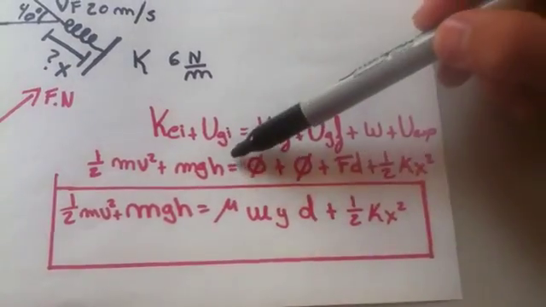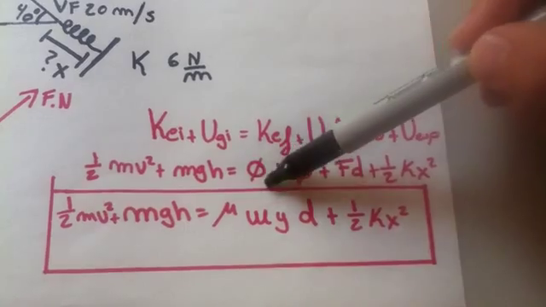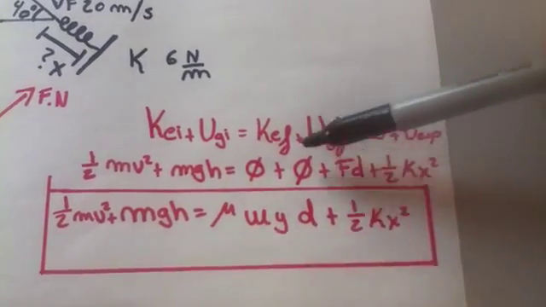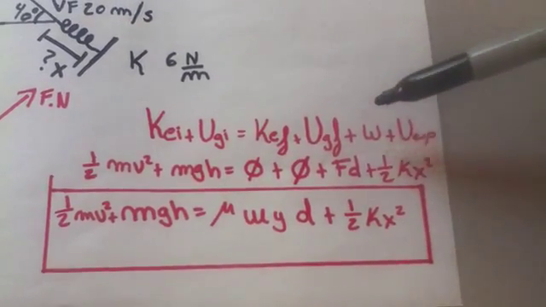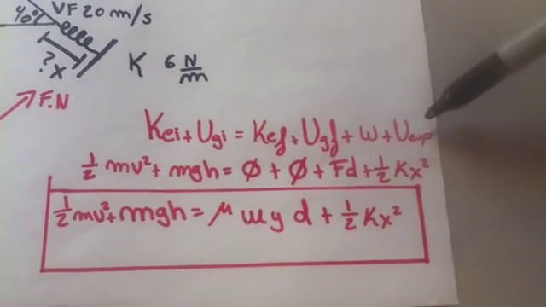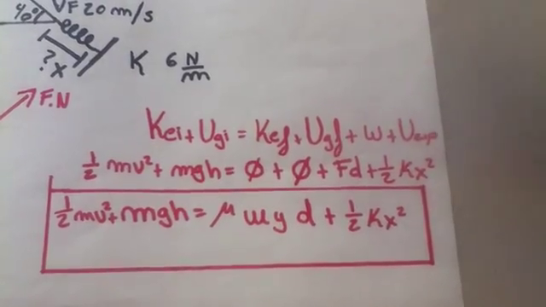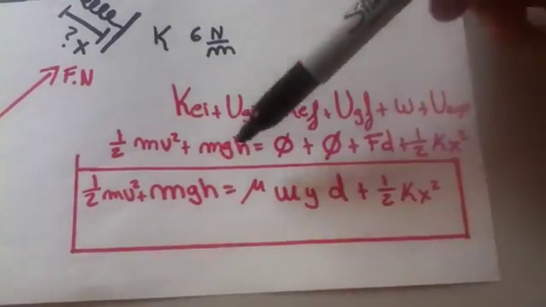That will be equal to the final kinetic energy, which in this case would be 0, as well as the final potential energy, 0. But we do have work, so we have force times distance, and the resistance of the spring, so we have 1/2 kx squared. At the end, this is the formula we're going to work with.